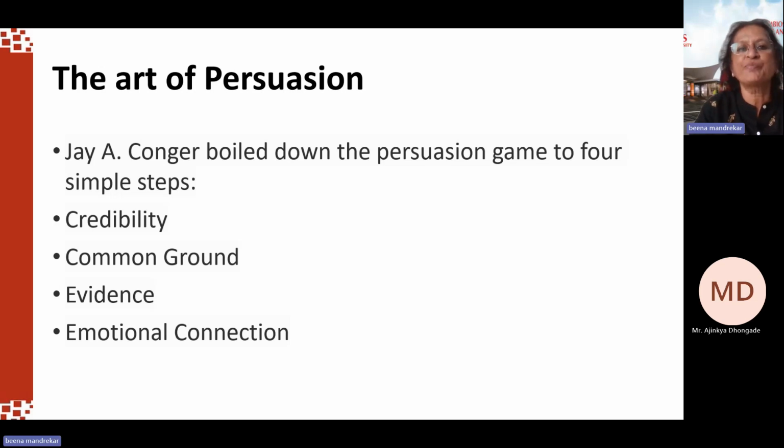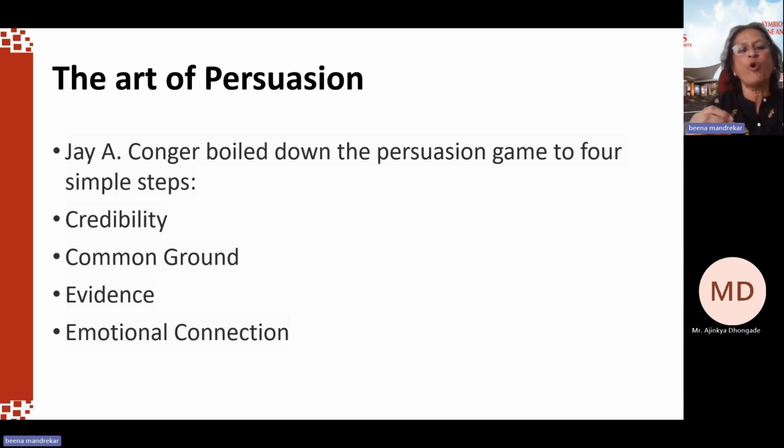The art of persuasion. J.A. Conger boiled down the persuasion game to 4 simple steps: credibility, common ground, evidence, and emotional connection.